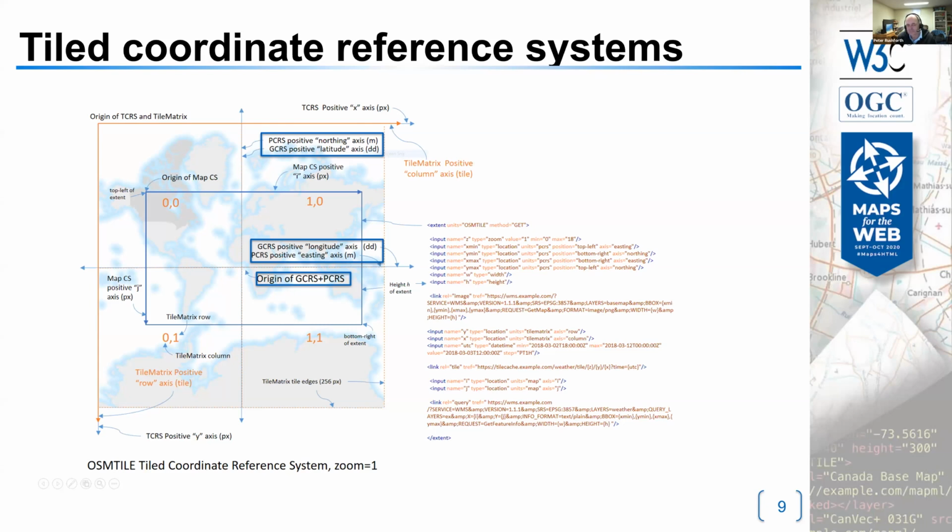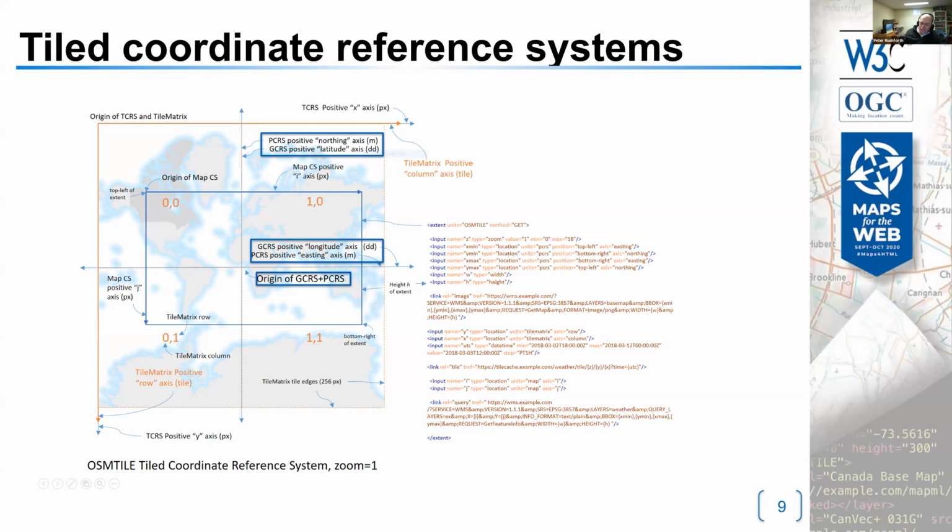The coordinates and units of the PCRS are defined by a mathematical transfer of coordinates to and from a defined Geographic Coordinate Reference System, or GCRS, according to defined parameters of the projection method.